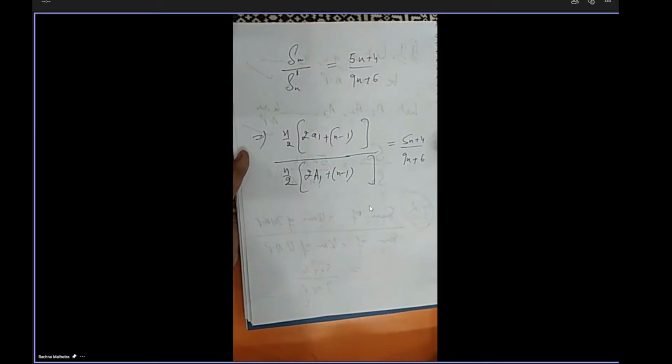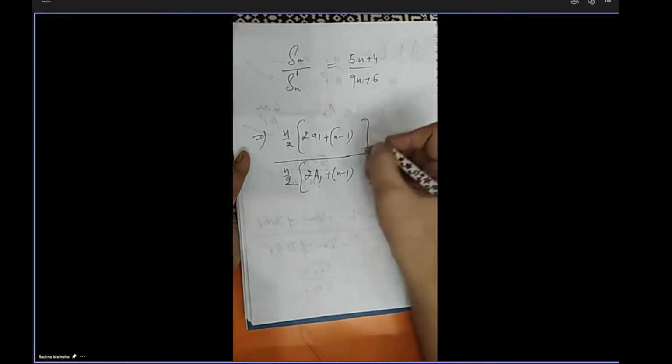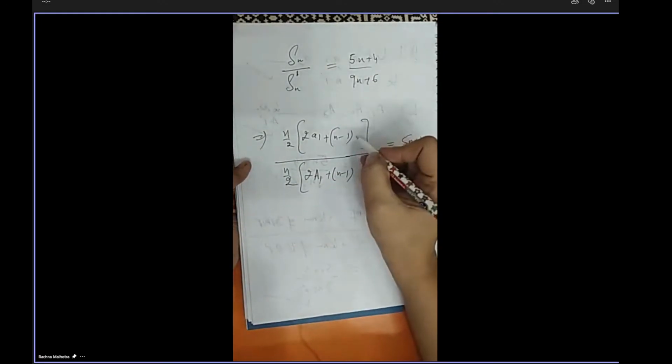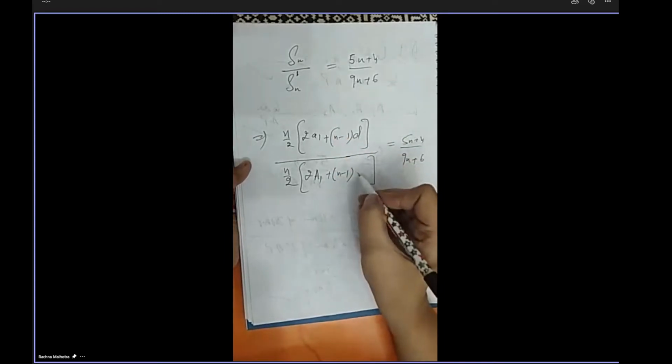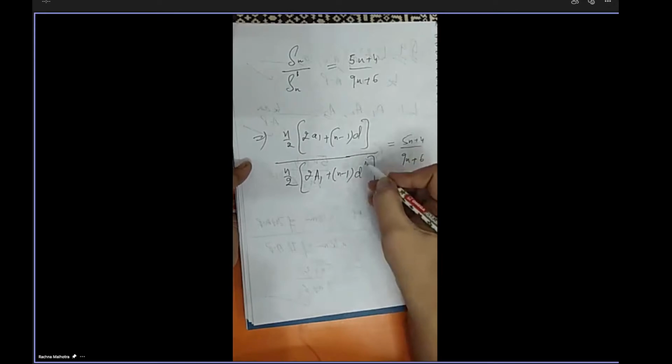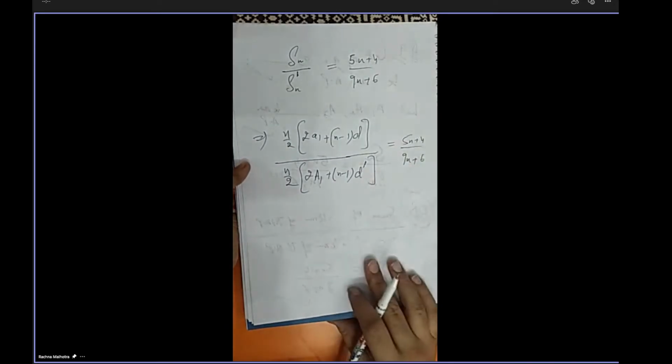Different. Ma'am, it will be different because the terms are different, so the common difference is also different. Only n will remain the same. Or you can use capital here also. It's up to you. I have used this for now.